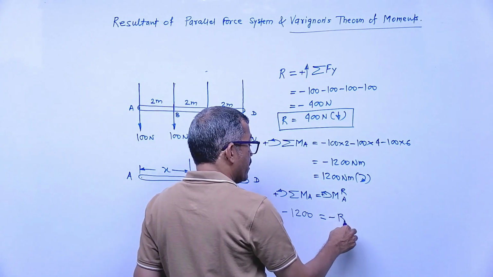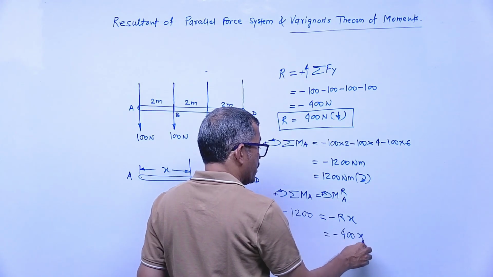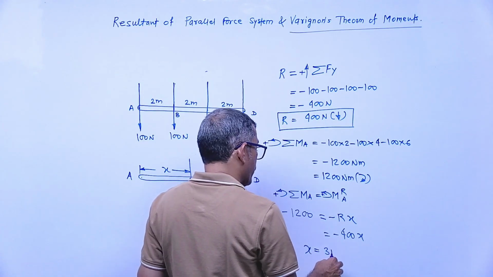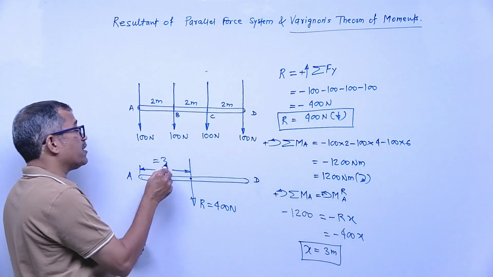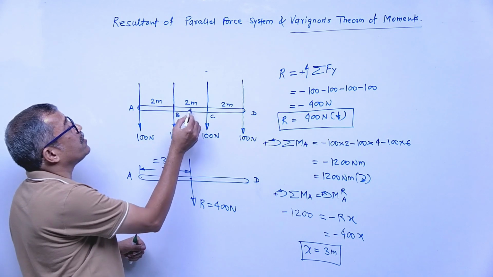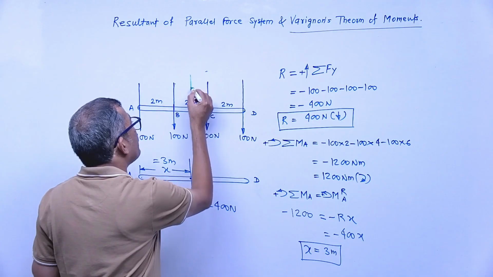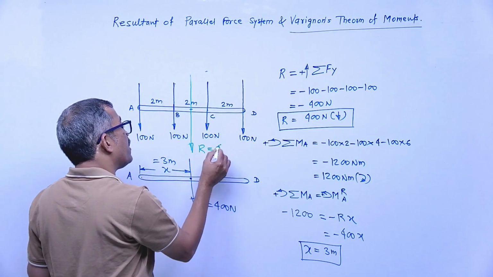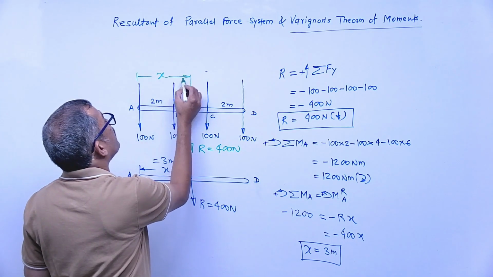R is 400 into x. What is the distance? 3 meters, right? Means this distance is 3 meter. 3 meter means somewhere here we will get this point. Means all four forces are replaced by a single equivalent force. This is your R and this is the distance, right?